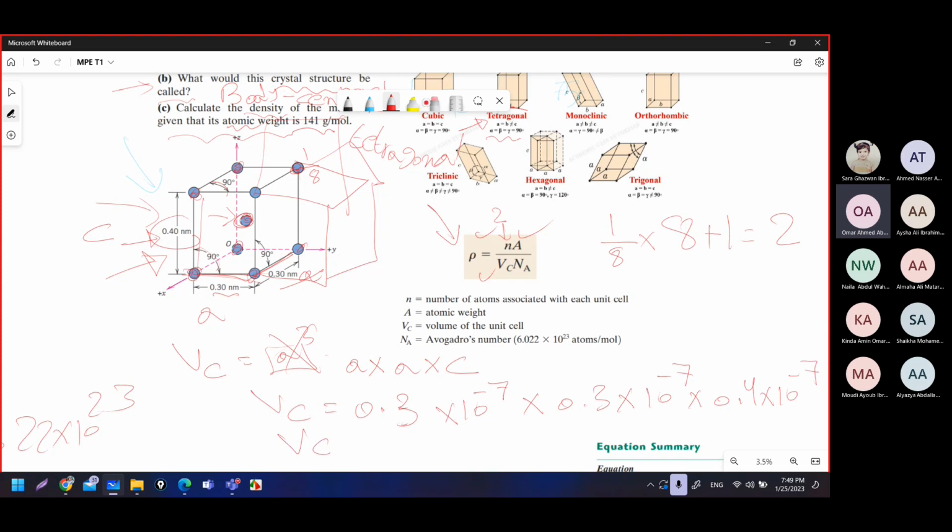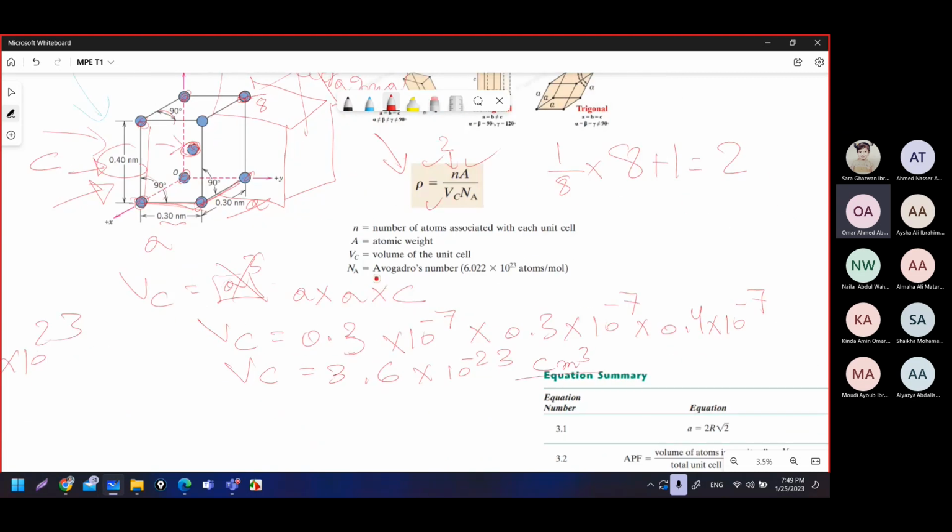This will give you that VC is equal to 3.6 times 10 to the power negative 23 centimeter cubed. That is per unit cell.